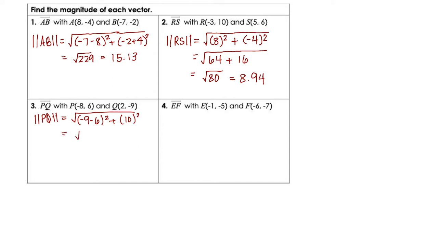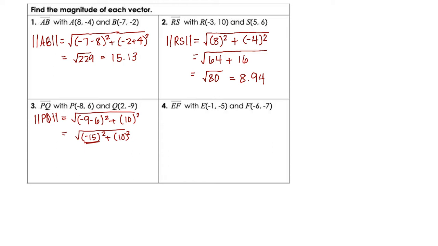So we're going to have the square root of -9 minus 6, that's -15 squared, plus 10 squared. And if you put that in the calculator, again, watch that -15, you can go ahead and just say positive 15 squared if you want to.